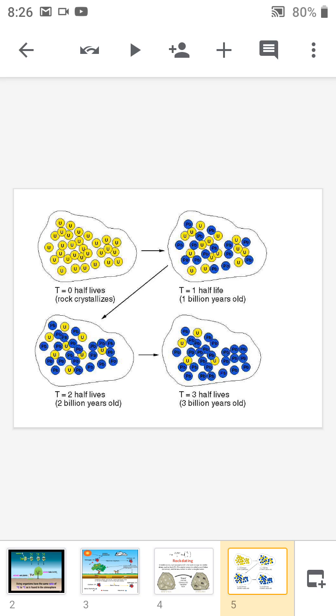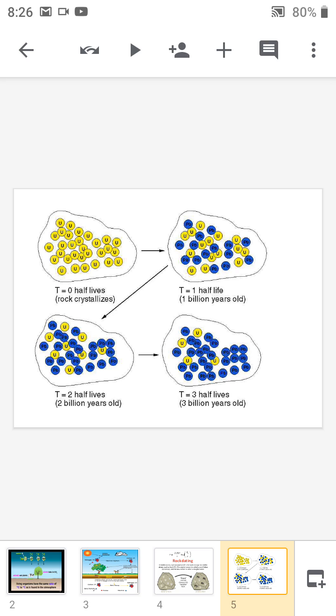See here, the first one is the rock particle, that is a live rock particle, and it contains only uranium nuclei. After 1 billion years, some of the uranium is converted into lead, and after 2 billion years only a few uranium nuclei are present in the rock particle.